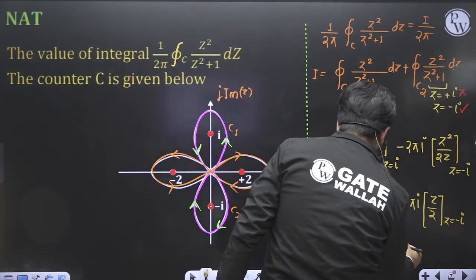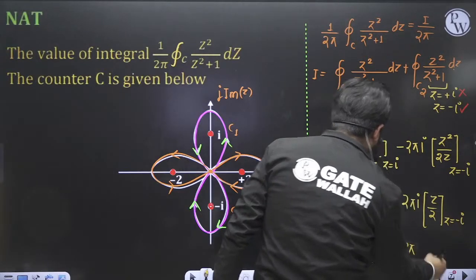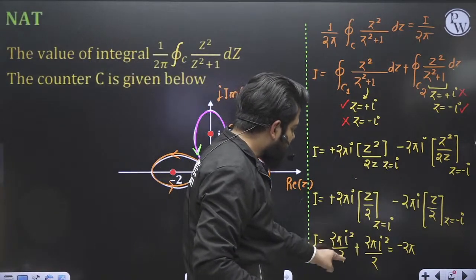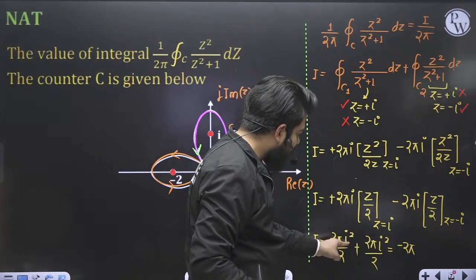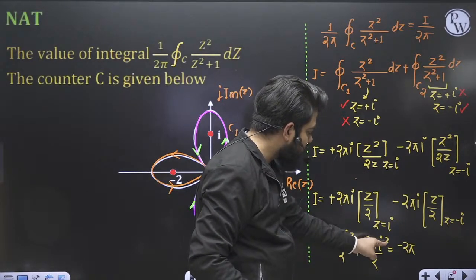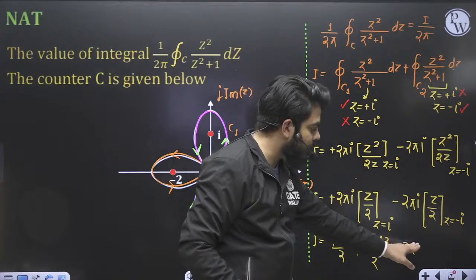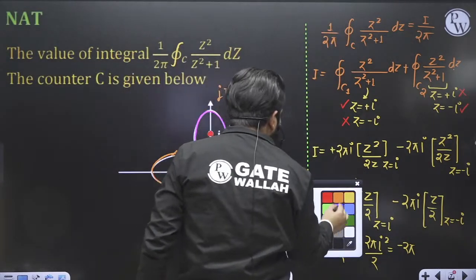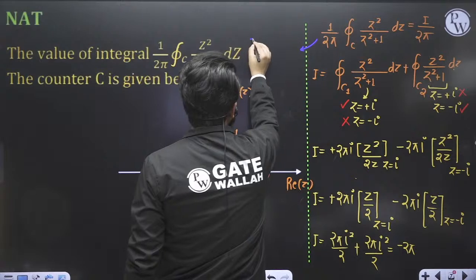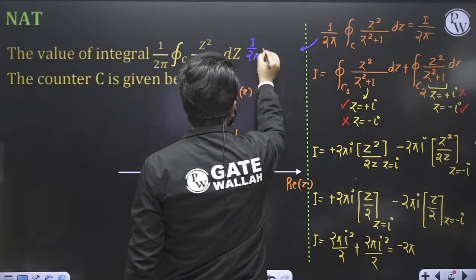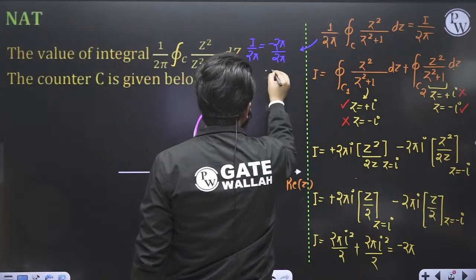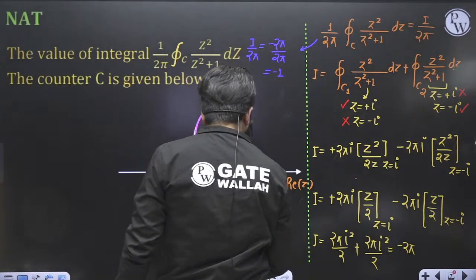So 2 gets cancelled out, I square is minus 1, minus pi becomes minus 2 pi. But you ultimately have to calculate this I upon 2 pi value. What will become I upon 2 pi? I upon 2 pi becomes minus 2 pi upon 2 pi, and the value comes out to be minus 1. Correct?